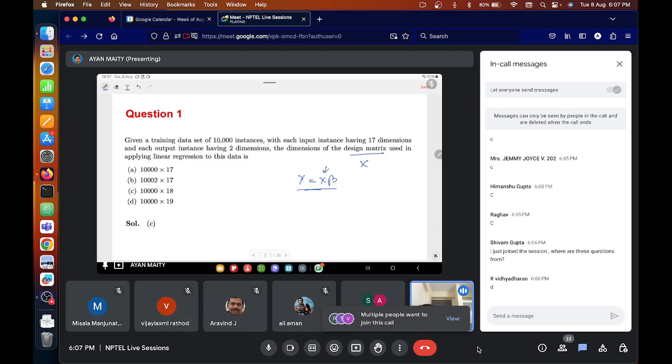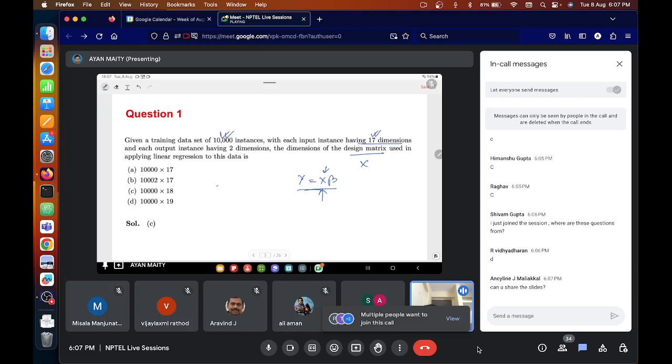There are 10,000 instances in the training data and there are 17 dimensions in the input, but you also have to include the intercept dimension. The intercept is not included in this 17 dimensions, so you have to include it to the training data set. So a total of 18 dimensions you would have in the design matrix in that case.